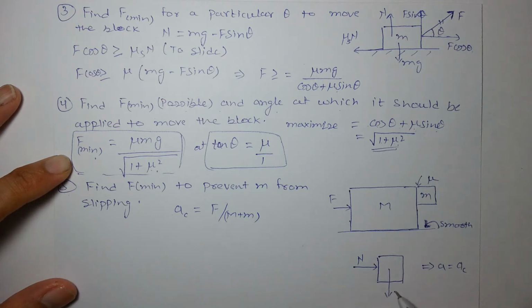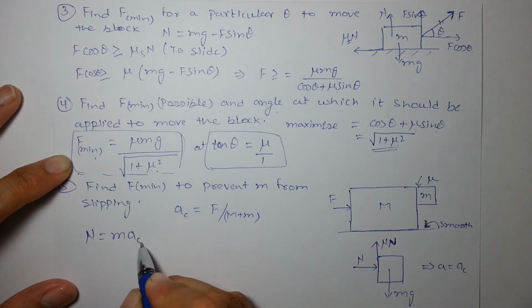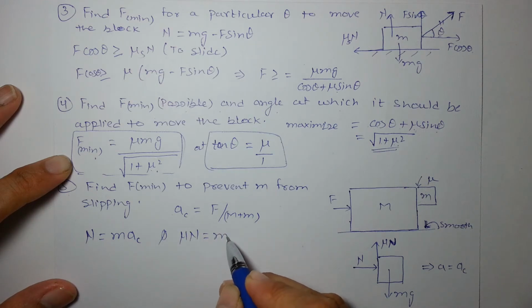mg is acting in the downward direction, and friction, as the case is limiting the minimum force, will be limiting mu N, and N is nothing but m A common, and the friction balance is mg. Mu N is equal to mg.